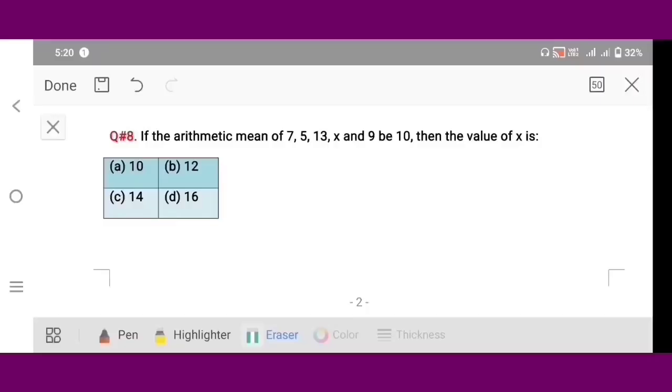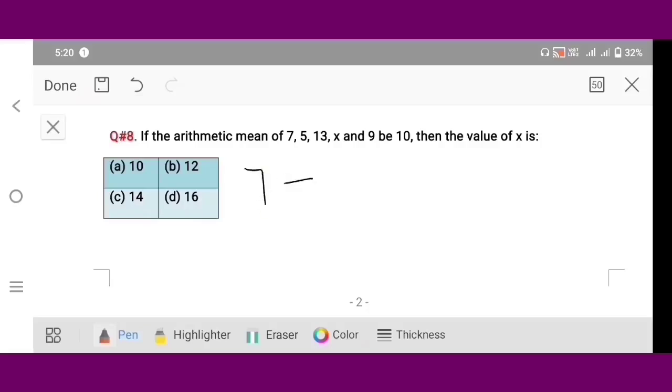Question number 8. If the arithmetic mean of 7, 5, 13, x and 9 be 10, then the value of x is, options are A 10, B 12, C 14, D 16. By using the definition of mean, we sum the given values and divide them by the number of values.